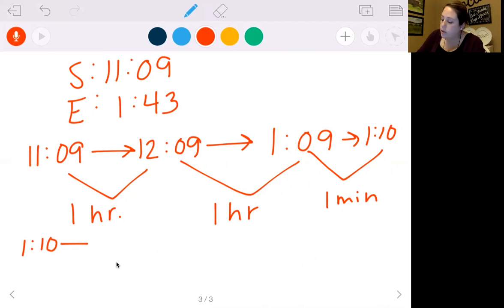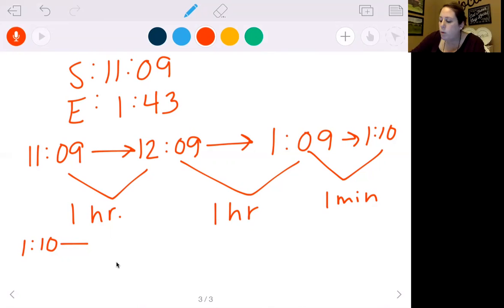I'm going to use blue, and let's circle up all our increments. 1 hour, 1 hour, 1 minute, 10 minutes, 10 minutes, 10 minutes, 3 minutes. Let's start with our hours. We have 2 hours. Now let's add up our minutes. So 10, 20, 30, 33, 34. So we would say that's 2 hours and 34 minutes. Okay, that's how long elapsed between those time periods.